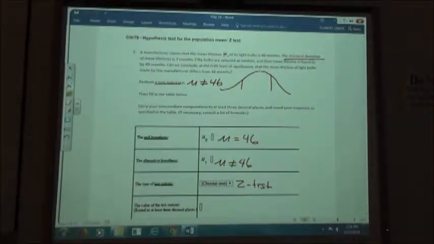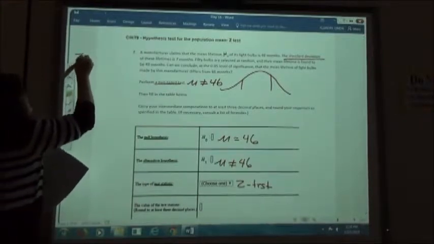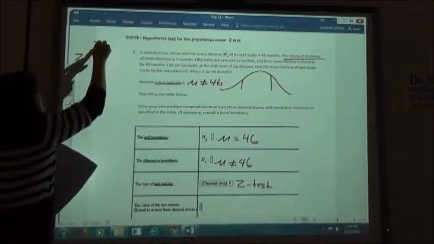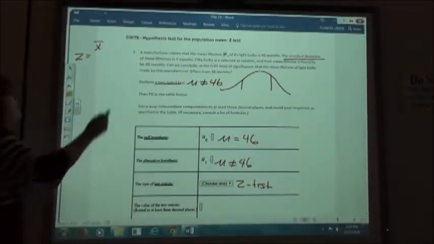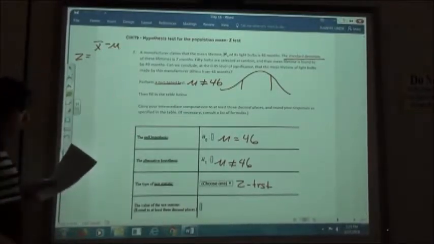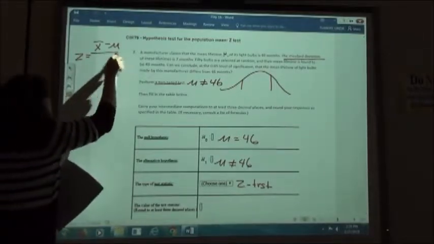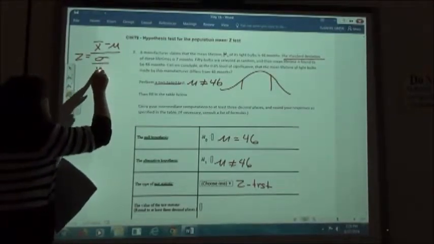We are then going to find the value of our test statistic, which is our critical value, which we did on homework 7, and we used the formula that looked like this. Z equals the sample mean minus the population mean over the standard deviation divided by n.